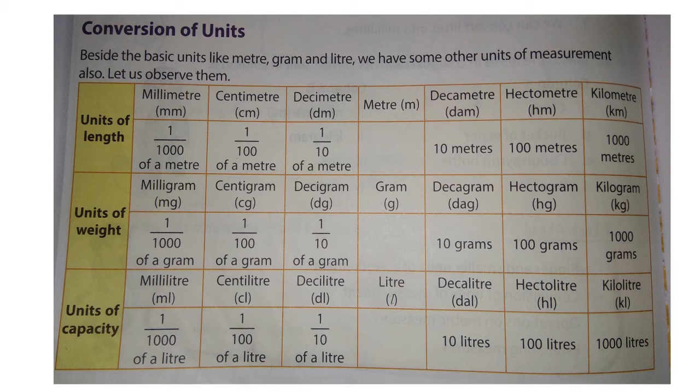Coming to the right hand side, 1 decaliter is equal to 10 liters. 1 hectoliter is equal to 100 liters, and 1 kiloliter equals 1000 liters. So these are the relations between these units and the standard unit.